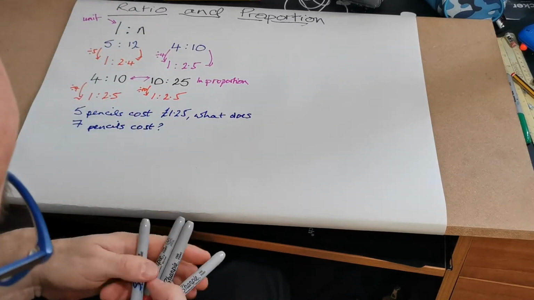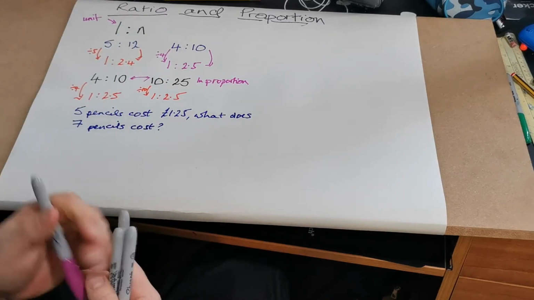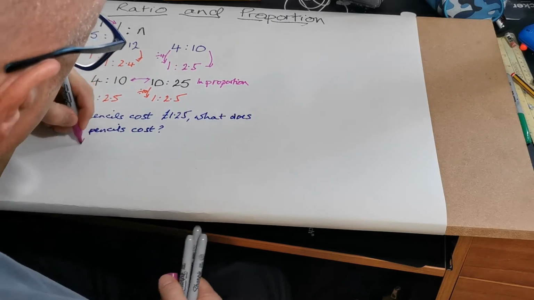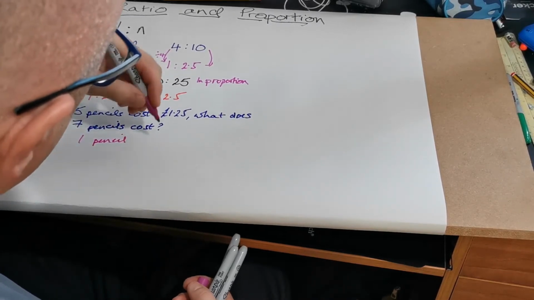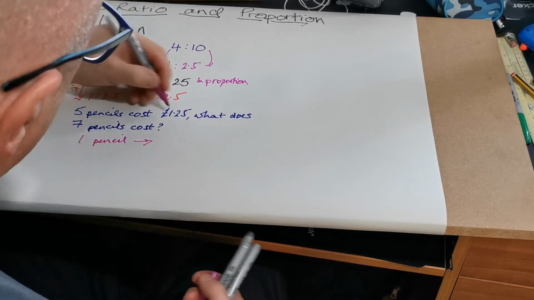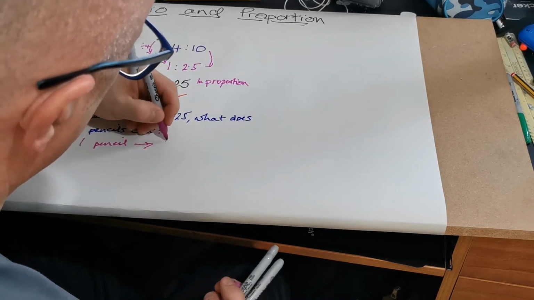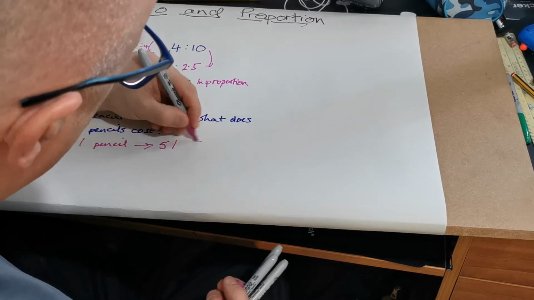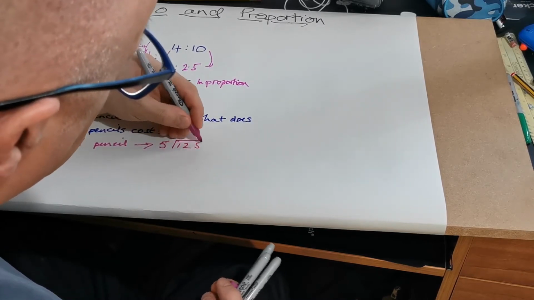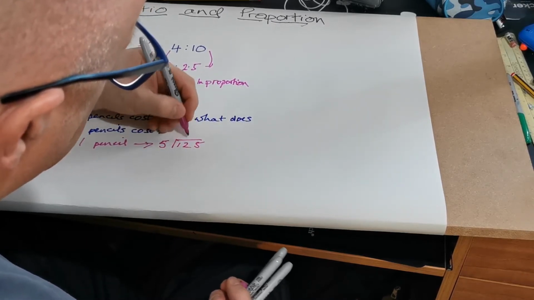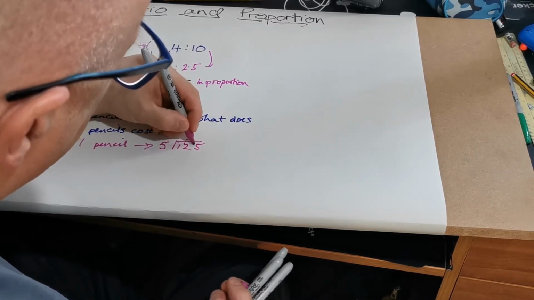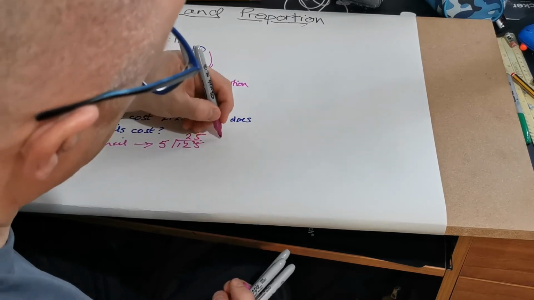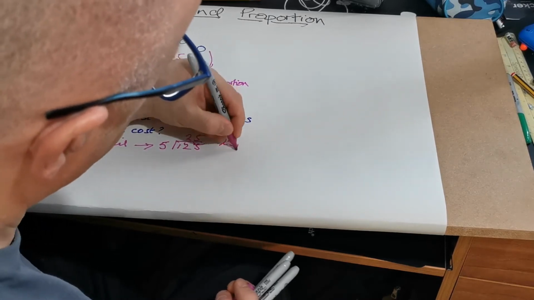An instinctive way to do this is to say, okay, I need to find out what 1 pencil is. So 1 pencil, clearly I'm going to have to divide this price by 5. 5's into 125 pence. Go no times, remainder 1, into 12 go 2, remainder 2, 5. So that's 25p per pencil.